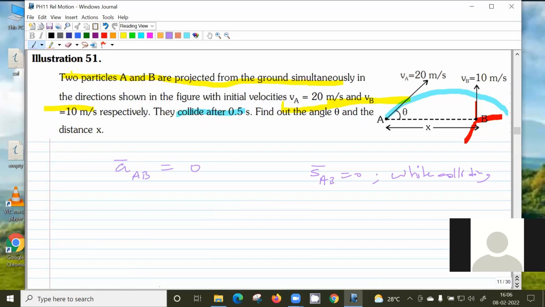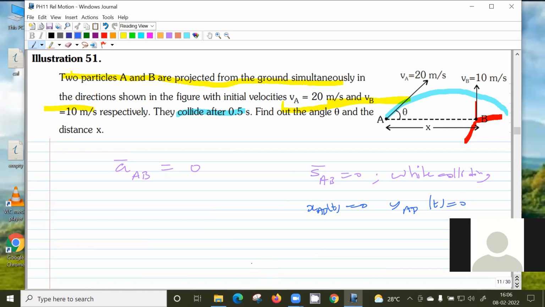Okay, so we know the displacement of A in the x direction. Both x and y components of the relative displacement should be 0. So XAB at the particular time of collision is 0 and YAB at the collision time is 0.